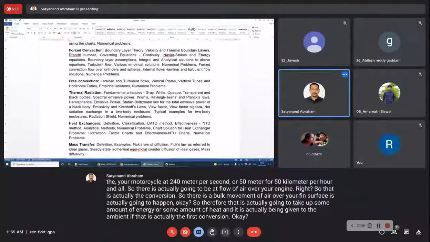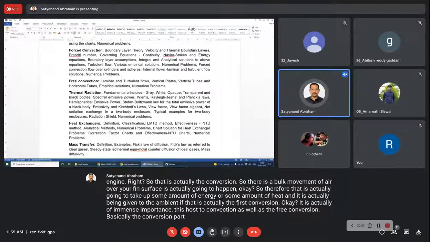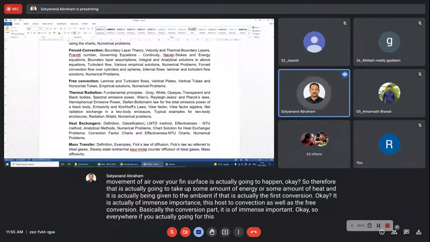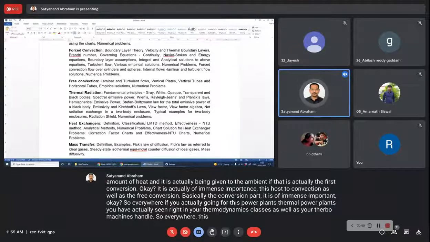Forced convection as well as free convection, basically the convection part, is of immense importance. Everywhere, in thermal power plants, as you have seen in your thermodynamics classes and turbomachines, convection is what happens.